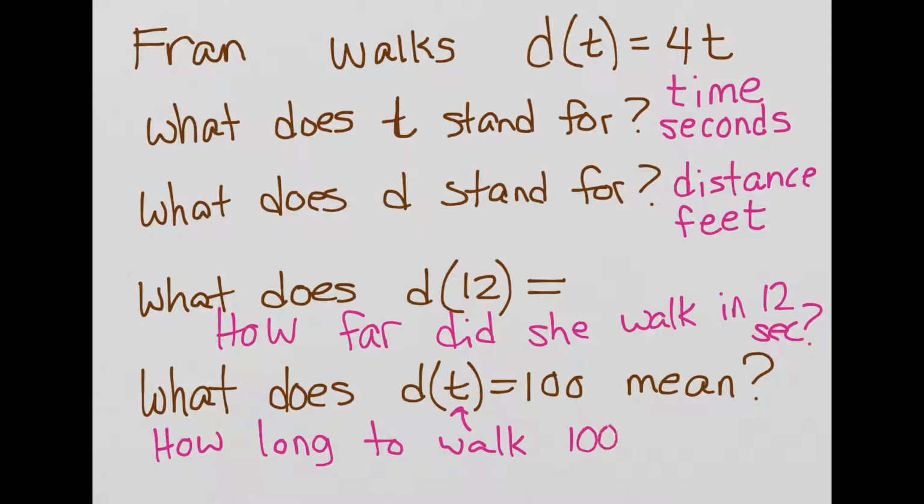That's what it means. And again, don't find the answer. I want you to know what we're asking for here. And if I don't give you the t, then you're looking for t, and t is time. So I must be asking you to find out how long something took. How long did it take to do what? To walk 100 feet. Okay, so again, on C and D, don't find the answers. Just interpret the notation.